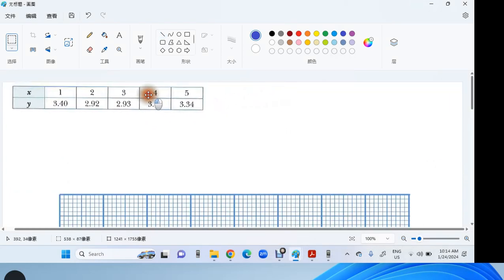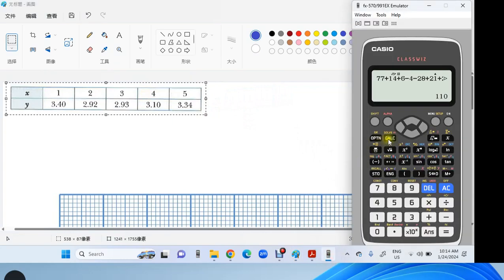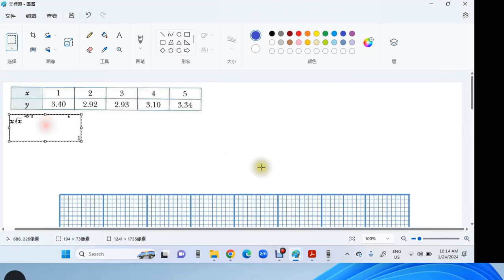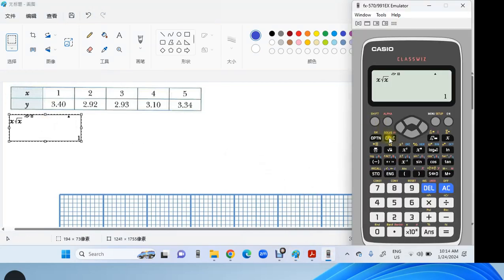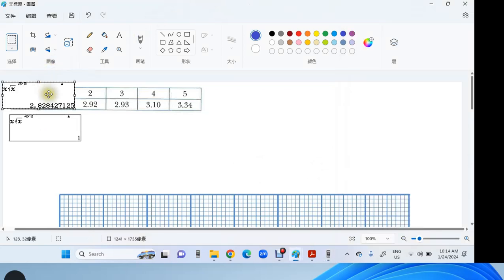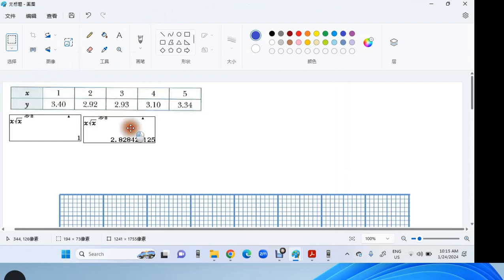So we want to have the x square root x. We substitute the x as 1, then it will return 1. Then we substitute 2, then it will become 2 square root 2, that is 2.83.